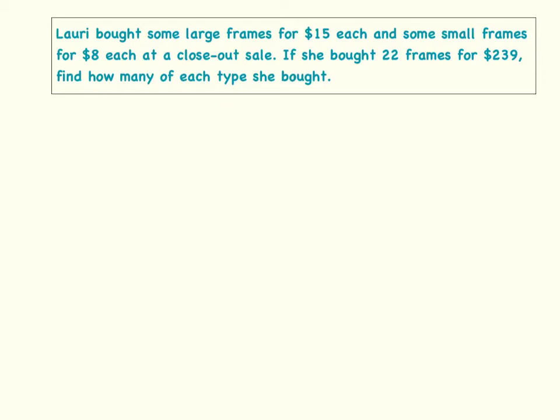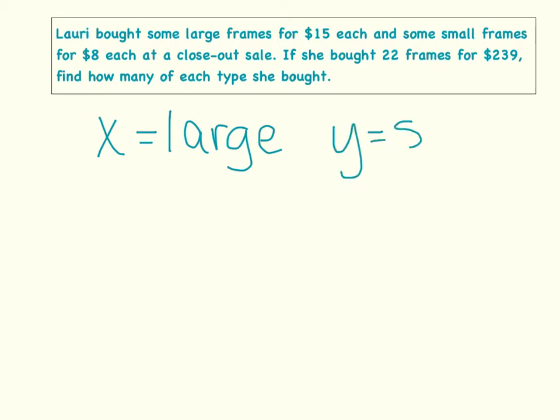Because we're trying to find how many of each type, one of my variables, we could call it X, needs to represent the large frames, and we can say Y represents the small frames.